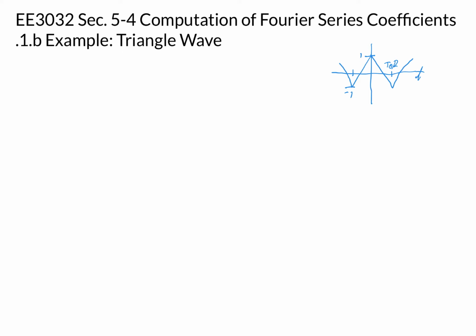Now, from the previous video, we recall that any periodic signal can be represented as a summation of these components or building blocks. And these components are DC signals and sinusoids at various frequencies.